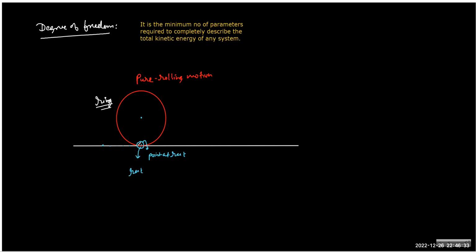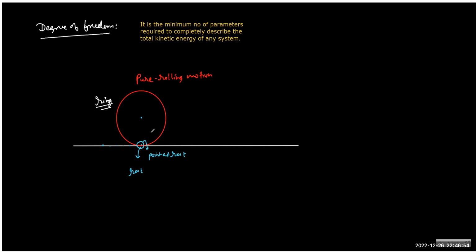Now, to describe the motion of every other point in this body, how many variables do we need? Now that's the concept, because the degree of freedom is the minimum number of parameters required to completely describe the motion of a body.